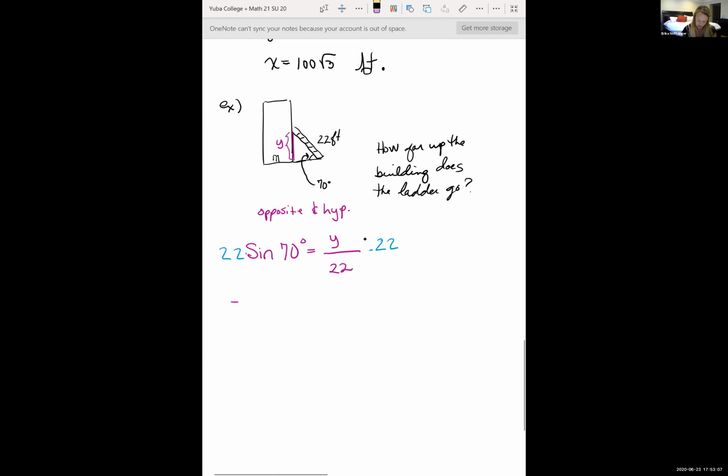And so we get y is equal to 20.673. It told me to round to the nearest hundredth, so the 3 tells me to keep the hundredths position the same as it was given, 20.67. I'm going to put an approximate sign just to notate I rounded. And we're in terms of feet.